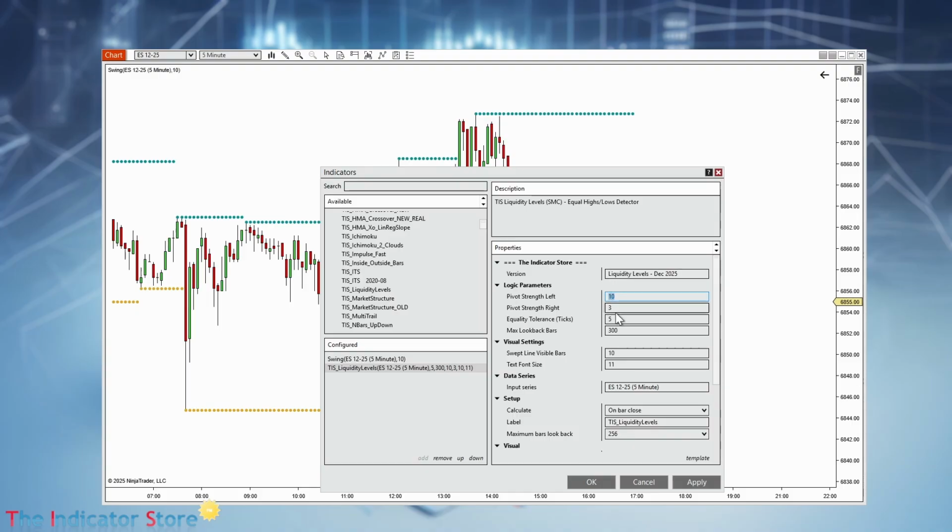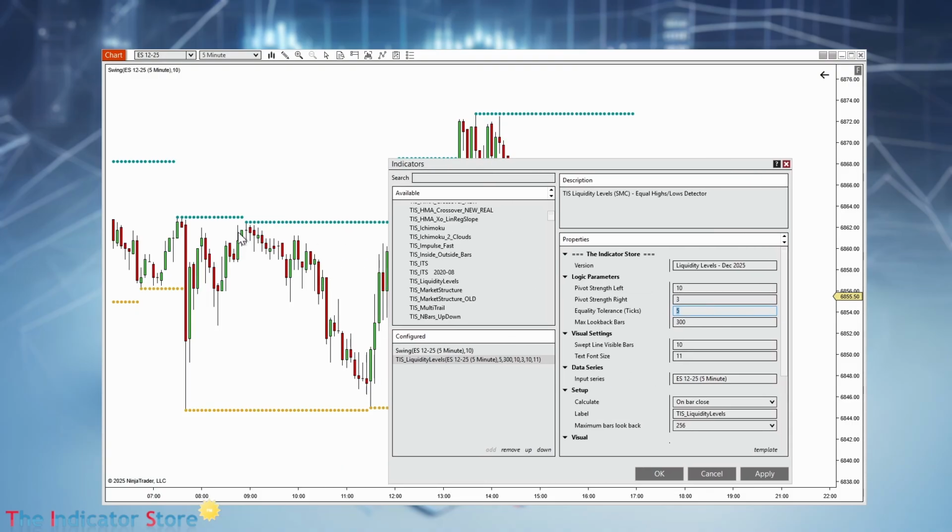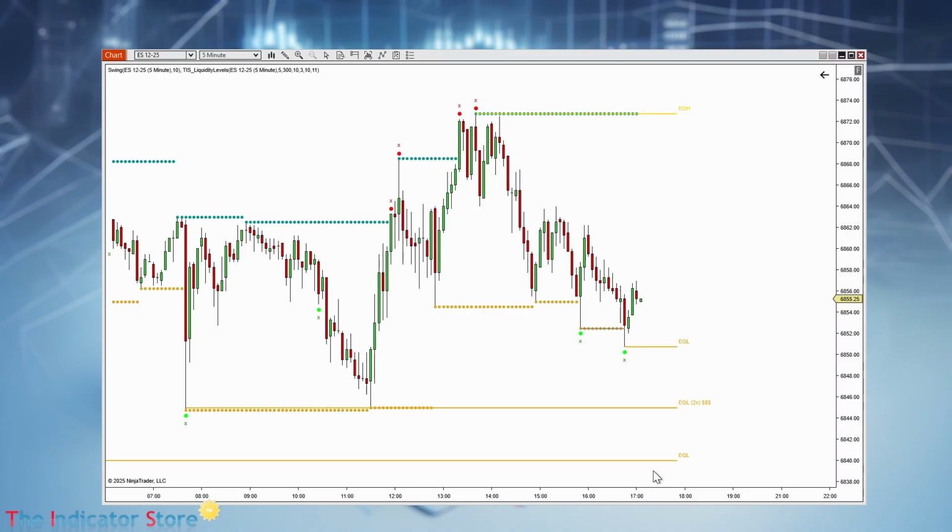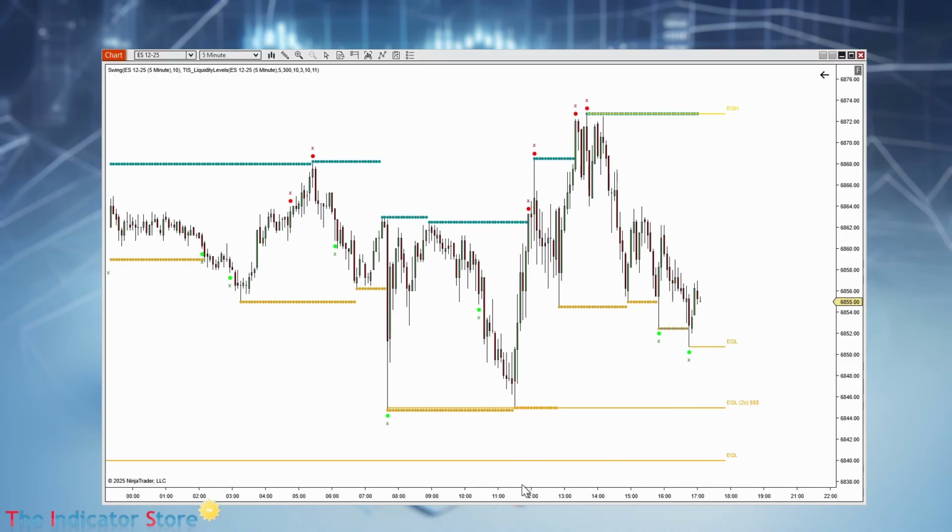We have strength to the left, strength to the right, and then the tolerance. For example, if the distance between these two levels is less than 5 ticks, for the indicator it is the same pivot. They are close enough, so it can group pivots. Then, how much I look to the past: 300 bars, or the number that you specify.